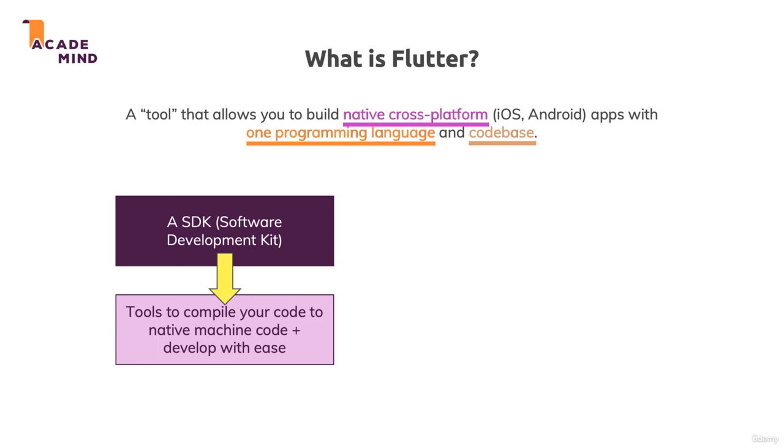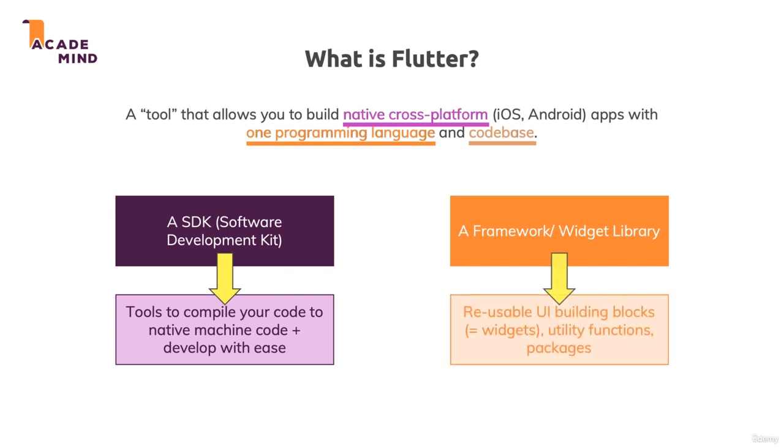But of course, it's not just a collection of tools. It also gives you everything you need to create beautiful applications. It gives you a framework, a widget library for that one programming language, which is called Dart, which you can use to build beautiful Flutter apps. And that's what we will spend the majority of time with, of course. It gives you a vast collection of reusable UI building blocks, these so-called widgets. So these are things like buttons, tabs, text inputs, drop-downs.